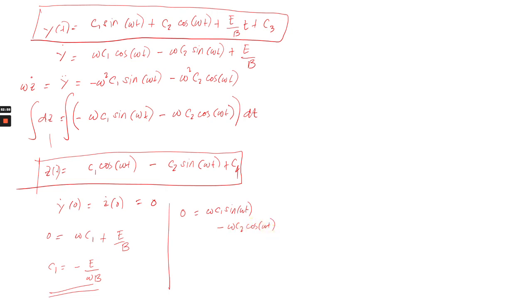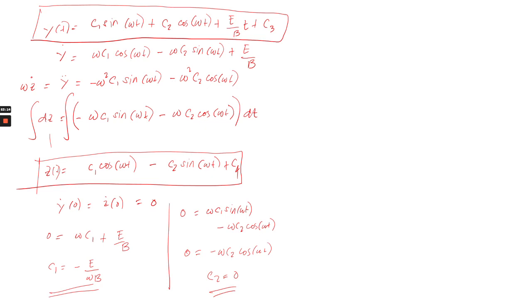Then time t equals 0, so that's 0 equals, so C2 is just 0.